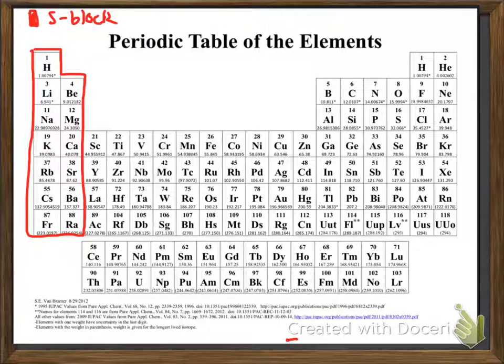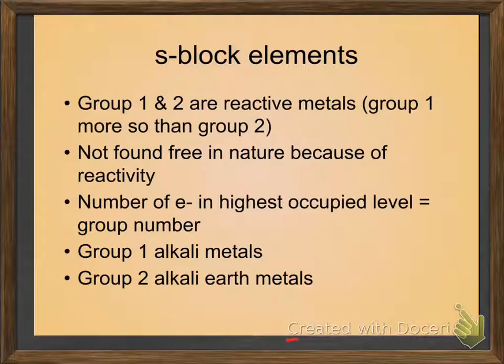Now let's talk about the S block. The S block are reactive metals. Now these aren't even things that when we look at them we would think of as metals, but they're incredibly reactive. As a matter of fact, they're so reactive they can't be by themselves. They're never found free in nature. They're only found in compounds because, really, seriously, they can't be alone.